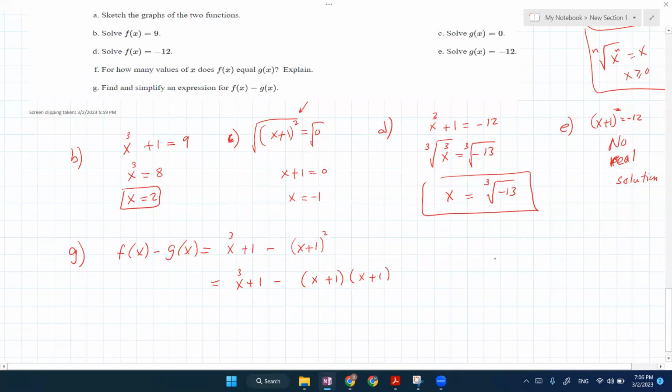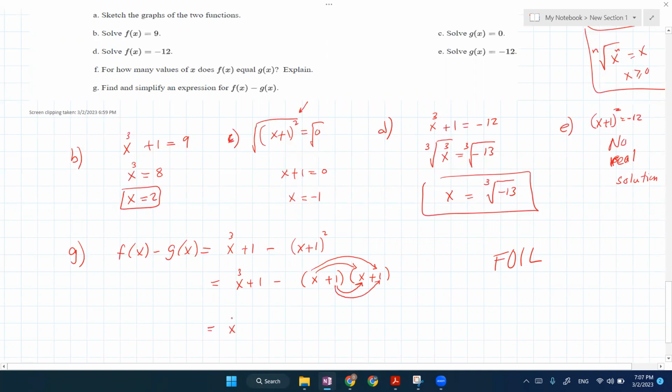FOIL means the F means multiply first by first. The O means multiply the outer term by the outer term. The I means multiply the inside term by the inside term. And the L means multiply the last term by the last term.